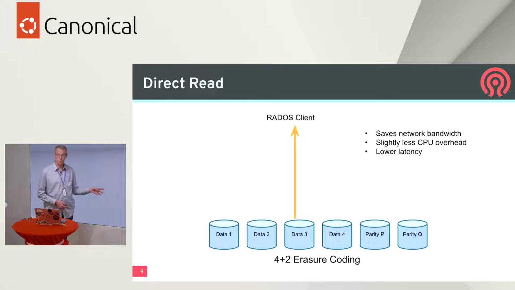So with Erasure coded pools, what we want to do is change it so that the client understands which OSD's got the data on it, and it can send the read directly to the OSD that's got the data, and it can then return the data directly to the client. And so this avoids a hop between the OSDs, so it's saving network bandwidth, it's saving CPU time, because sending that data across a hop like that has CPU overheads, sending and receiving the data, so it's going to reduce the CPU overheads, and it's going to improve the latency as well.